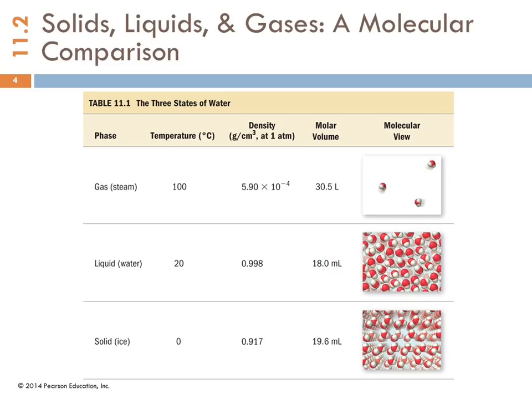Here, the thermal energy and the strength of the intermolecular forces is more balanced, where there's enough attraction that they're staying together, but they're not all fixed into position. In the solid state, the forces of attraction, the intermolecular forces, are winning over the thermal energy. And these particles will be vibrating, but they're not moving relative to each other. They're fixed in position because of these intermolecular forces that are present.